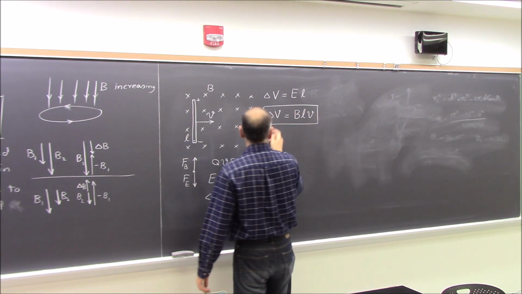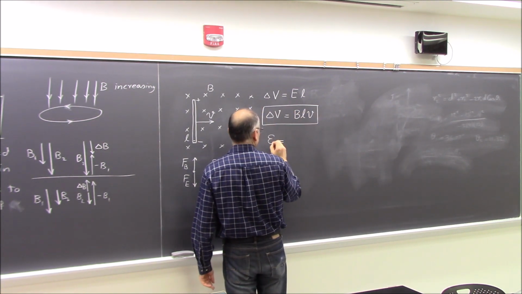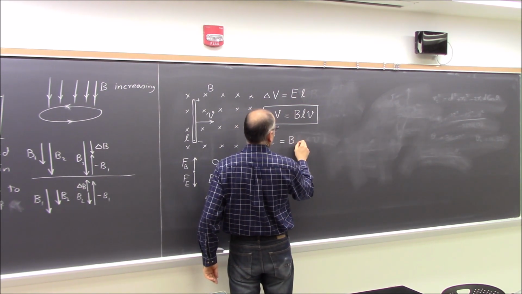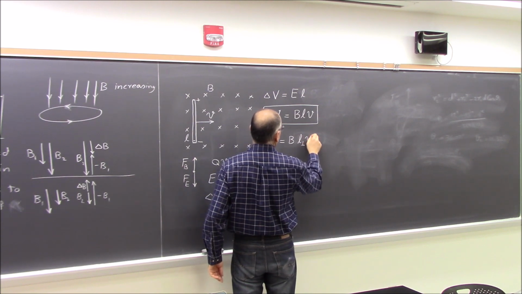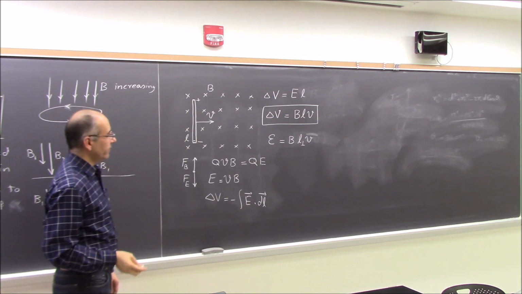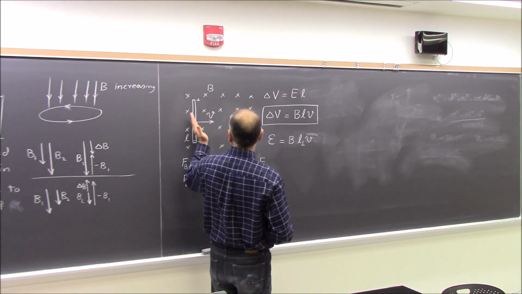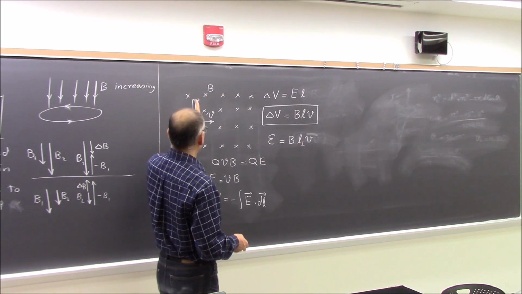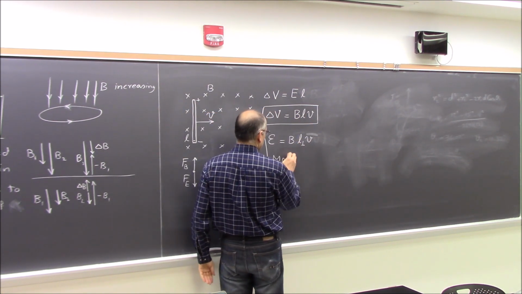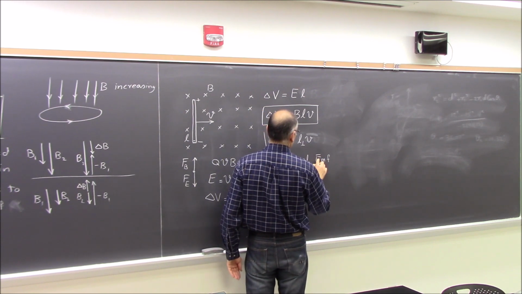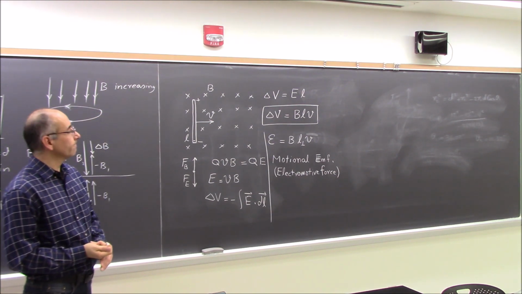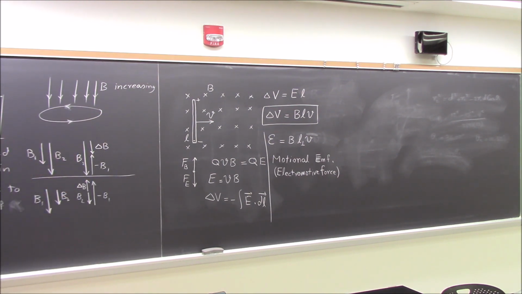And usually they denote it by script E. E will be B L perpendicular times V. So BLV, if V, B and L are in perpendicular directions. And it's called motional EMF, electromotive force. This is completely consistent with Faraday's law.